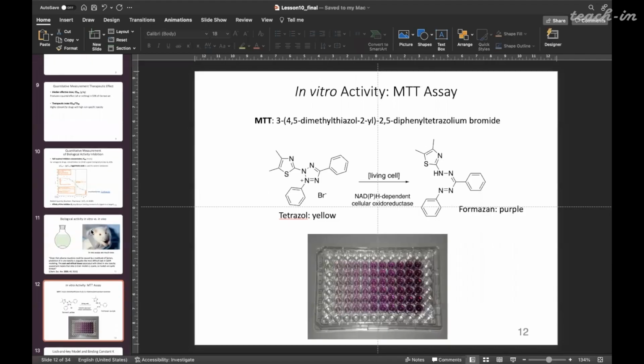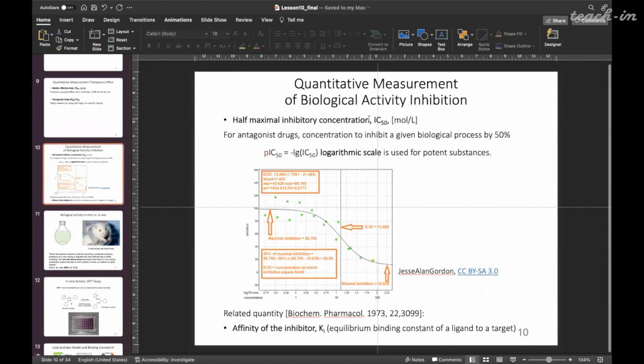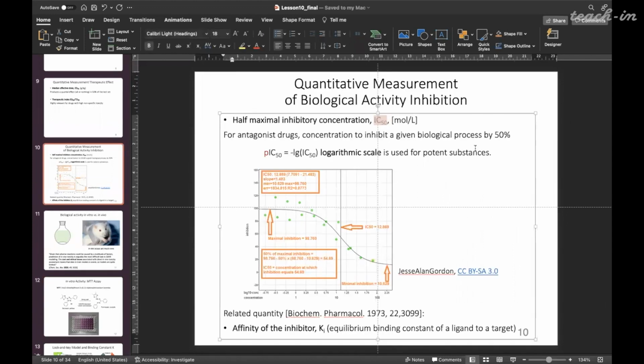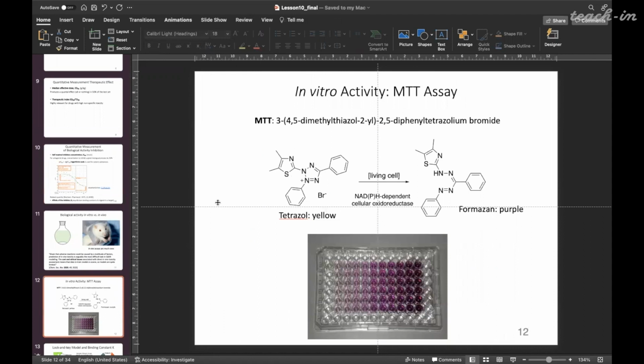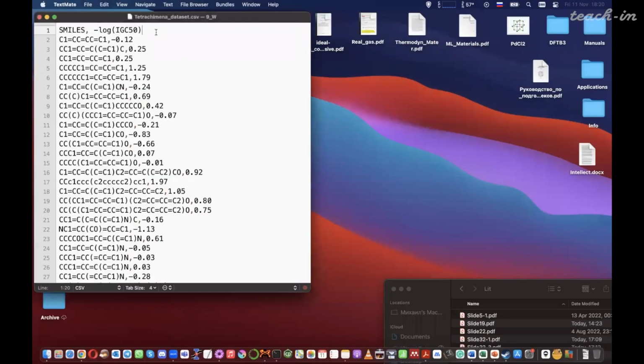And we can go back a little bit to discuss half maximal inhibitory concentration. We, for example, can be interested in half maximal growth inhibitory concentration, as for example in the data set that we discussed in the previous lesson.